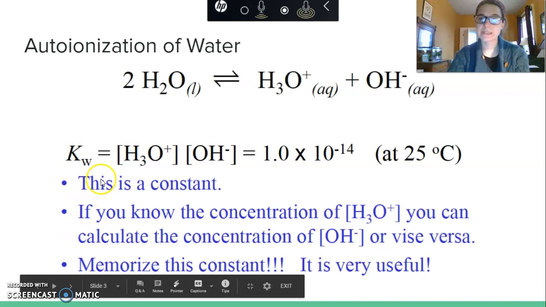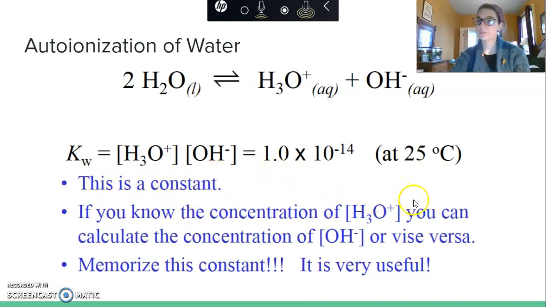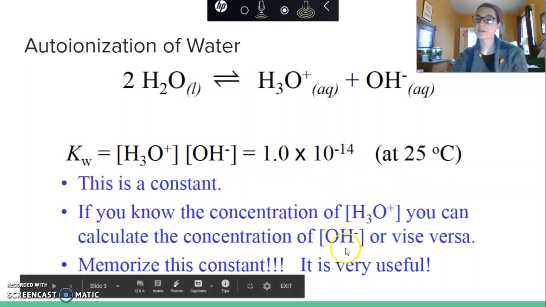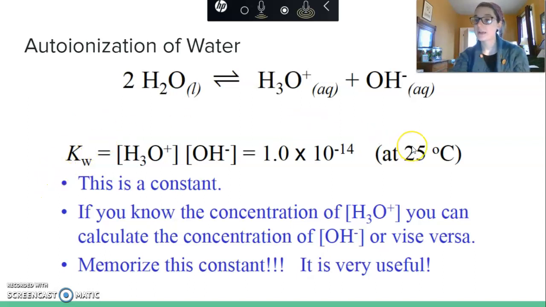So this, of course, is a constant. It doesn't change. If we know the concentration of H3O+, we can calculate the concentration of OH- because the product should be equal to Kw as long as the temperature stays at 25 degrees Celsius. It is a very useful constant, so it is helpful to memorize it rather than to have to look it up every time.